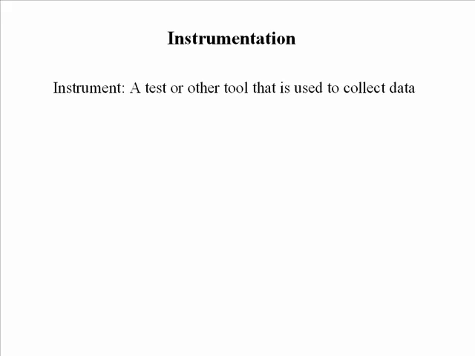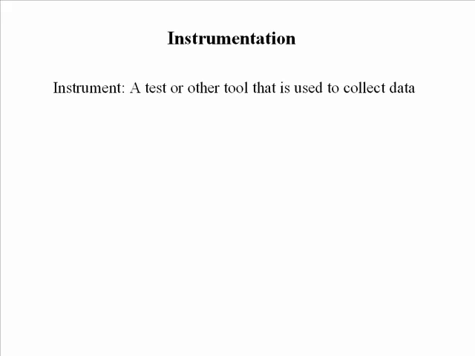Whenever a researcher is referring to instrumentation, they are simply referring to the tool that is being used to capture the quantitative information. In classrooms, this is commonly going to be achievement tests.